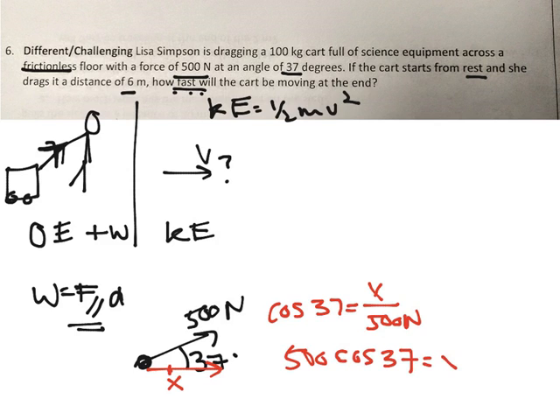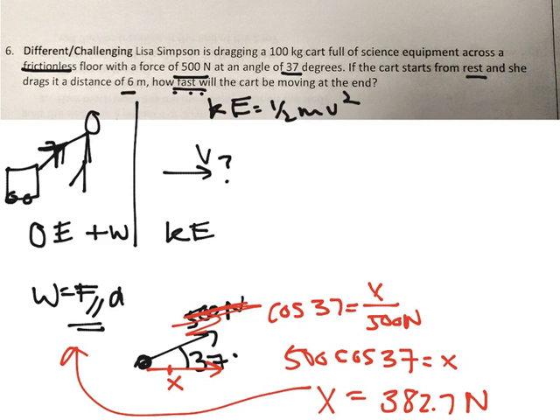You're going to want to plug that into a calculator to find x. So that's 382.7 newtons at that particular angle. So now we essentially no longer care about this. This is what we're going to care about. That is our force. That goes into here.